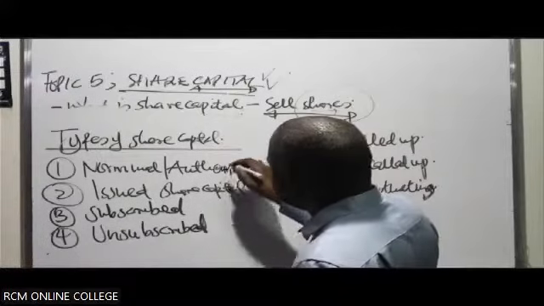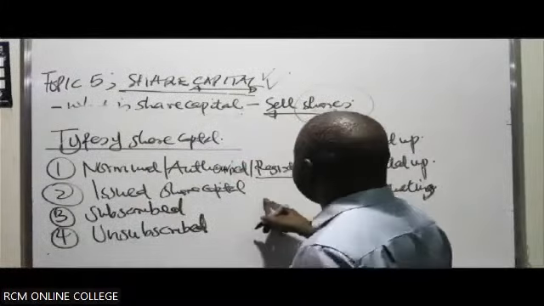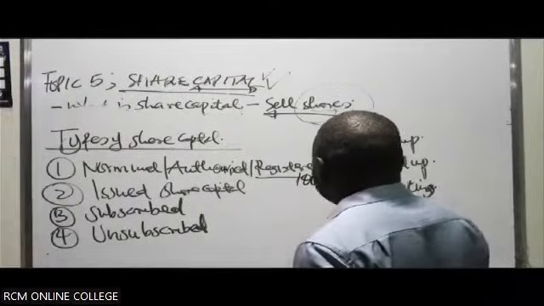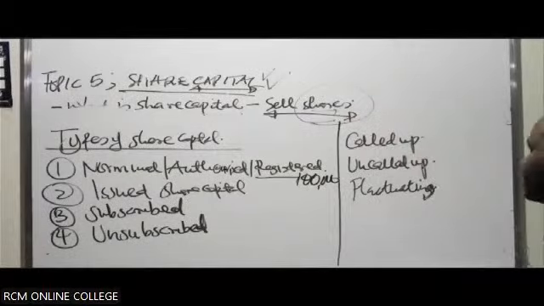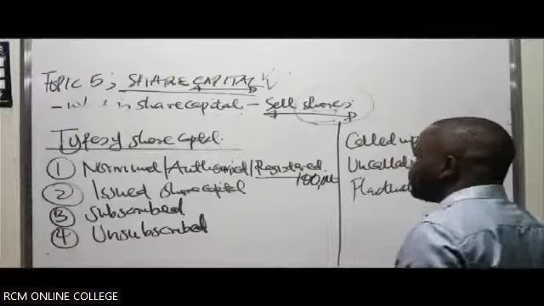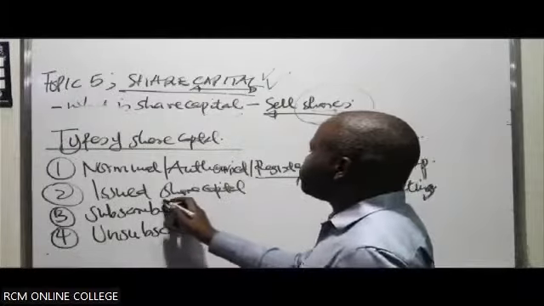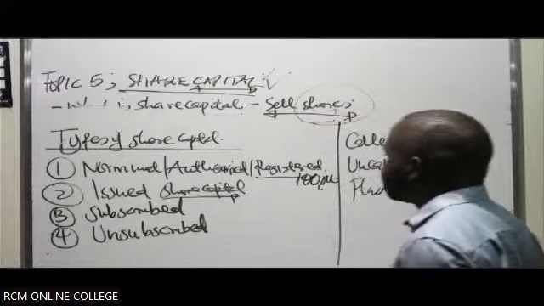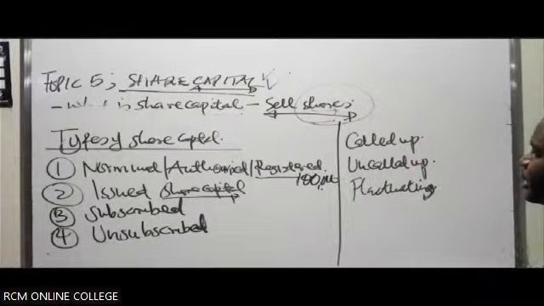Out of it, you can issue. Maybe the registered capital is 100,000, so you register your company with 100,000. Out of this registered capital, you can then issue part of it. What you issue out of this 100,000 is what you refer to as the issued share capital.